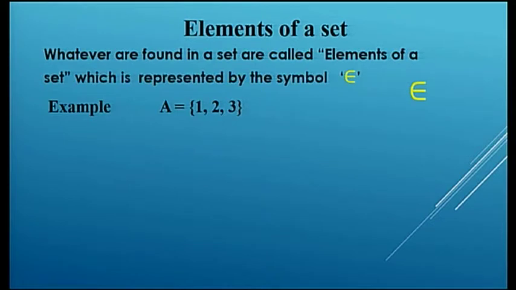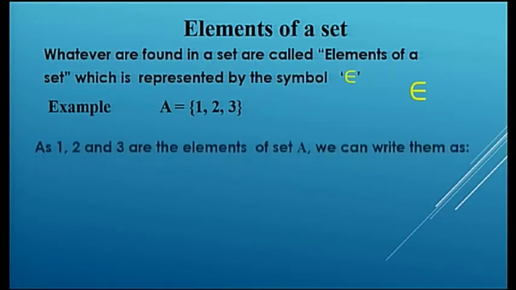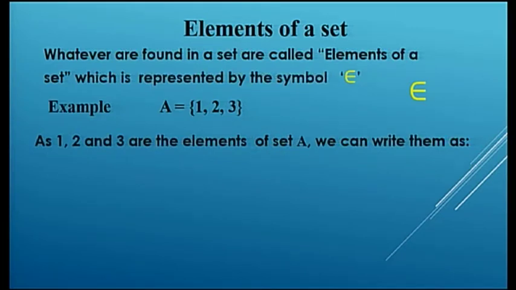For example, set A is equal to {1, 2, 3}. As 1, 2, and 3 are elements of set A, we can write 1 is an element of set A. That is, we have written "1 is an element of A" in word form.